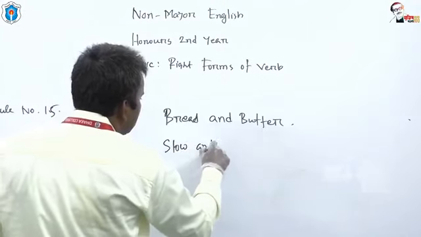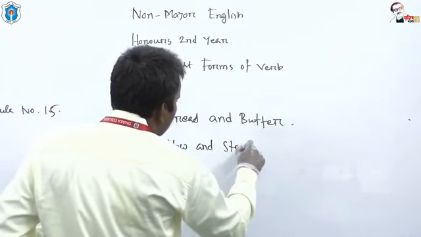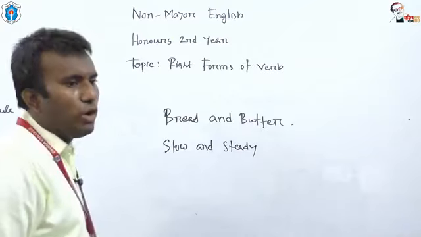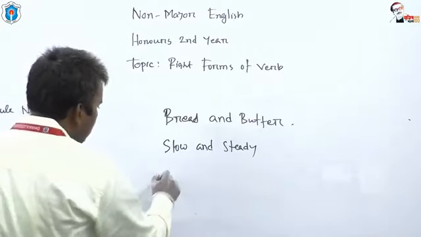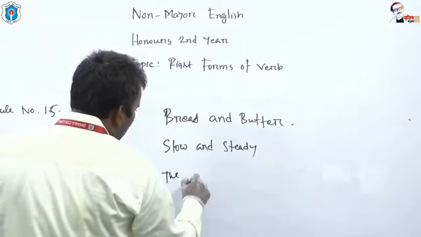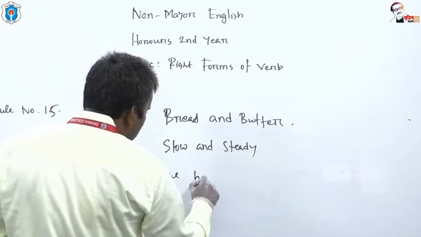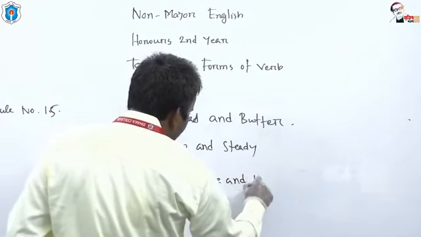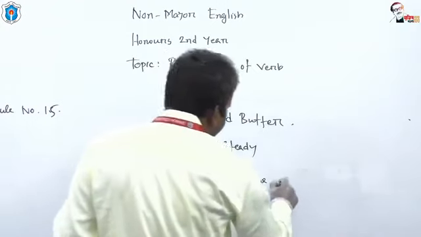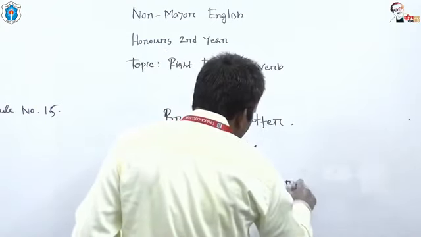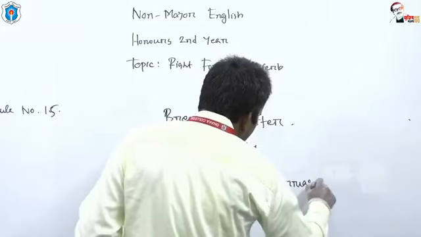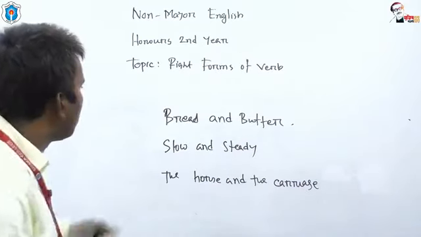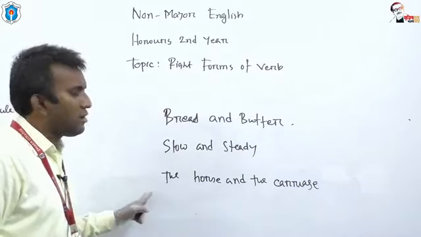Slow and steady. The horse and the carriage. Okay. Bread and butter, slow and steady, and the horse and the carriage.